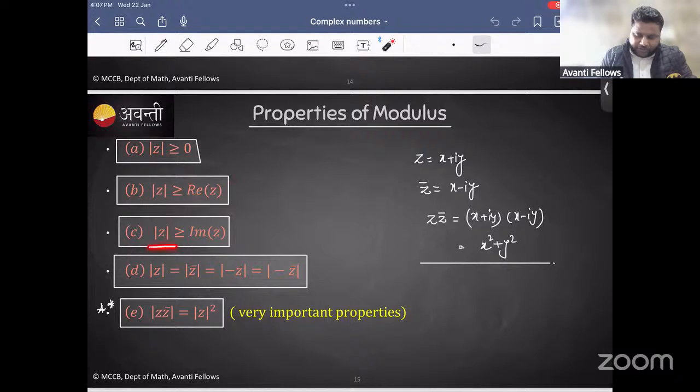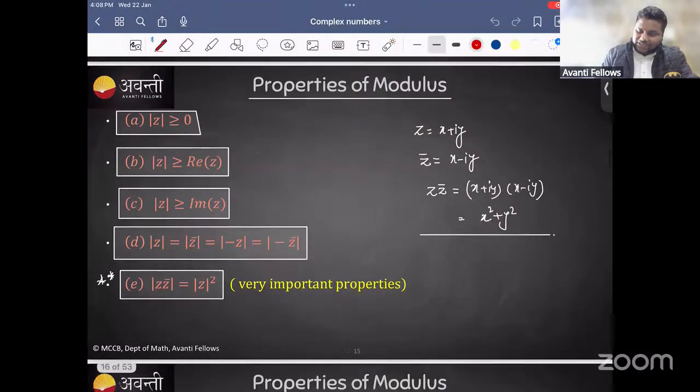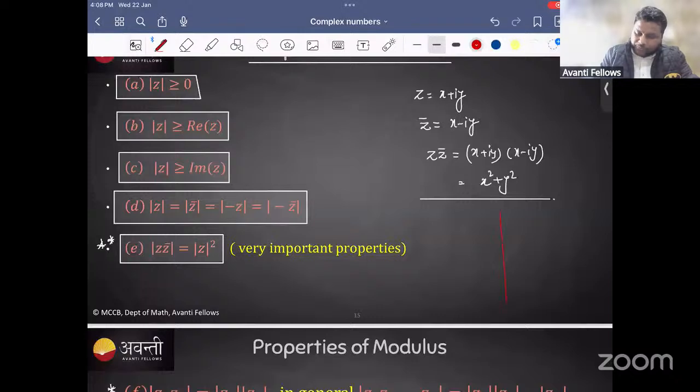Similarly, modulus of z is always greater than or equal to the imaginary part of z. Similarly, magnitude of z is also the magnitude of minus z conjugate, is also the magnitude of minus z, is also the magnitude of minus z bar.